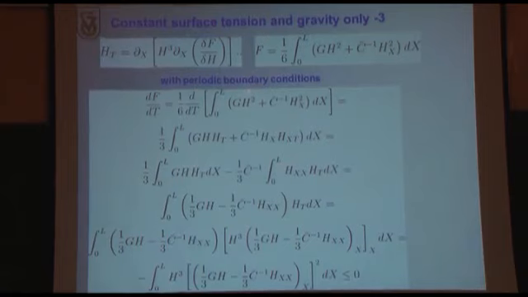So I bring the differentiation inside and differentiate with respect to time. Out of this h squared, I get a 2 times h sub t. From here, I get a similar thing, and the integration with x.